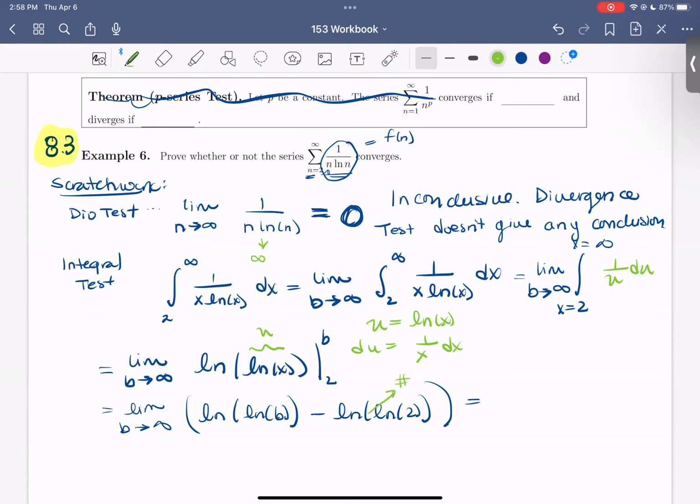But ln of b, as b goes to infinity, also blows up. As the input to ln blows up, ln goes to infinity. I encourage you to look at a graph of ln of x to convince yourself that that is true. So this whole limit goes to infinity, which means that the improper integral diverges.